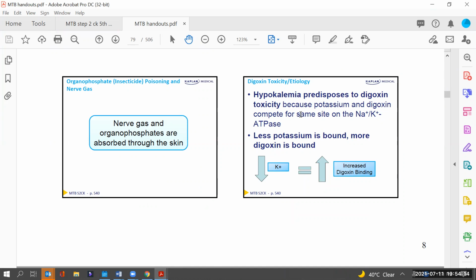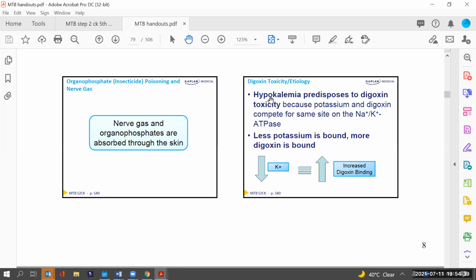They keep on repeating the same questions, but the context is different. Which is going to predispose to digoxin toxicity? And once digoxin toxicity is established, it can cause what? So these two important points, please make a note of it. Who is going to predispose to digoxin toxicity? And once the digoxin toxicity is established, what you are going to see in your patient.